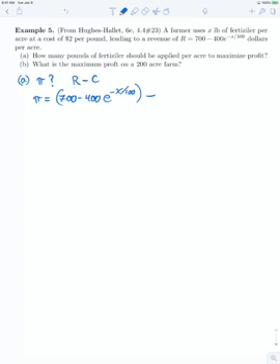They didn't give us the cost function itself, but they implicitly told us it's X pounds of fertilizer at a cost of $2 per pound. So X is in pounds, the cost is $2 per pound. This would be 2X for the cost function. And that's really the hard work, or at least the part that's a little different in this problem.